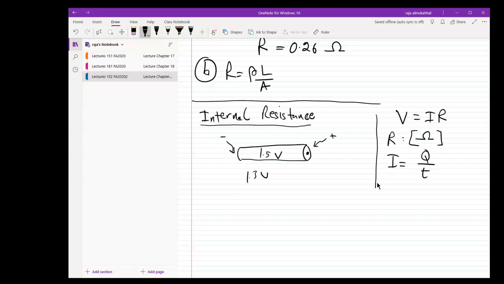Is it gone? Okay, here's what happens. So you have here the current. Here's our battery, and the current is flowing through the battery, something like that.